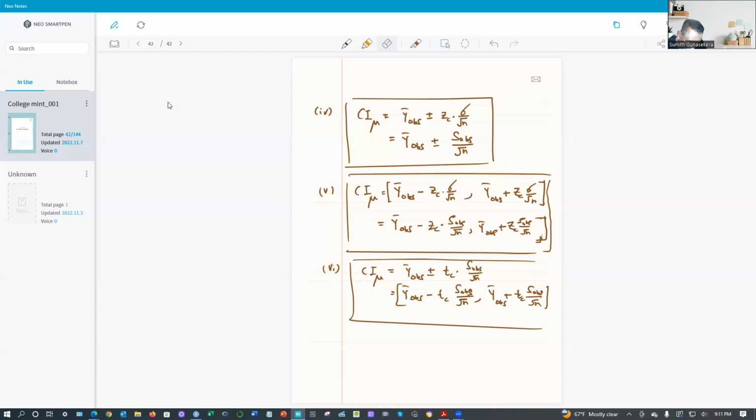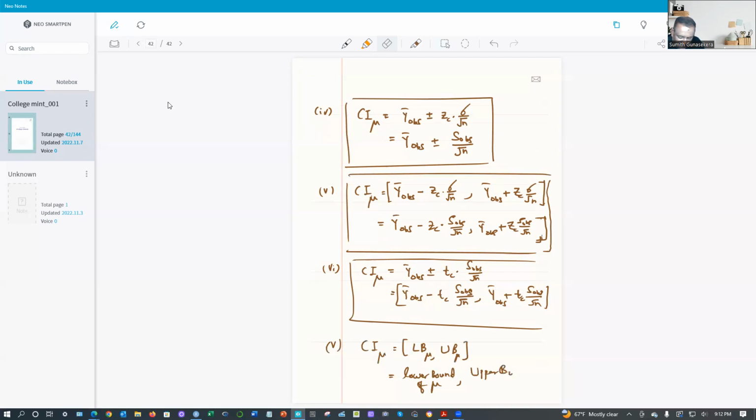Some people write it this way, regardless of which confidence interval: lower bound of mu, comma, upper bound of mu.